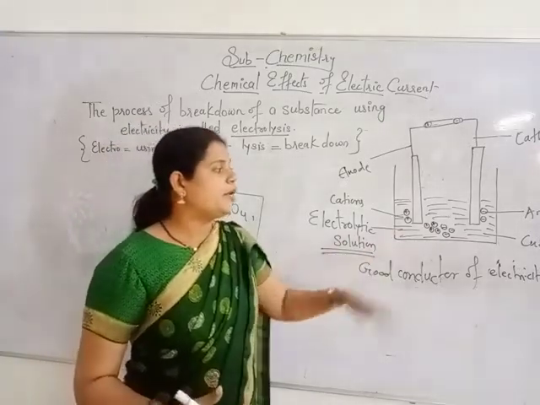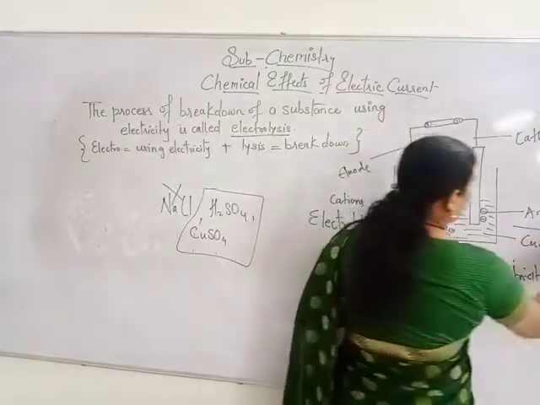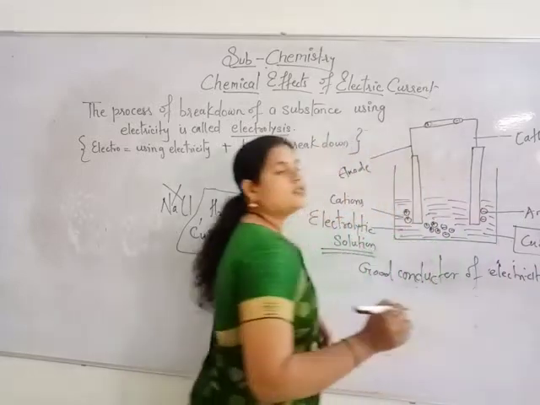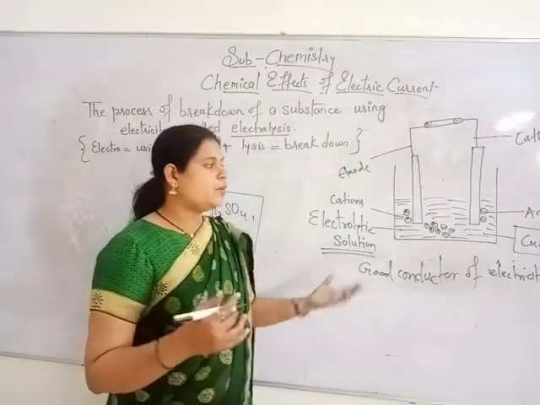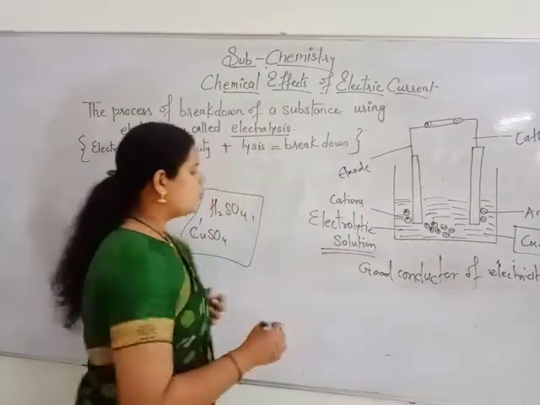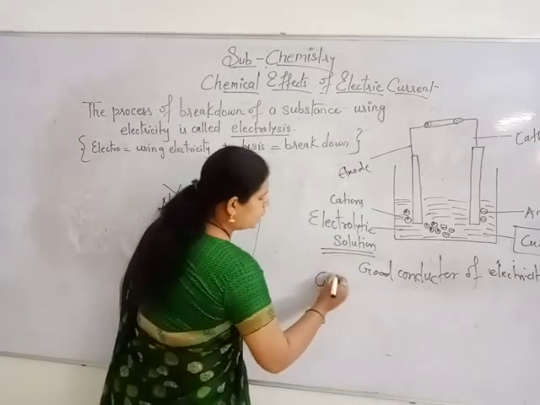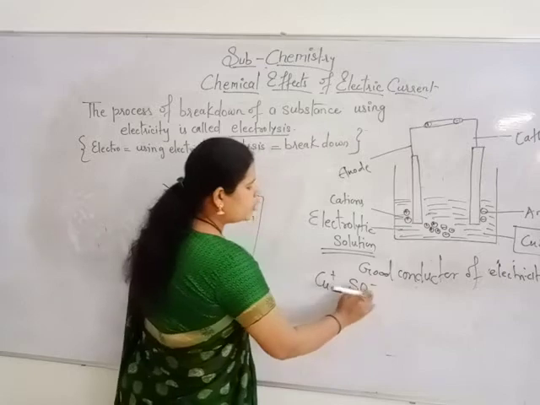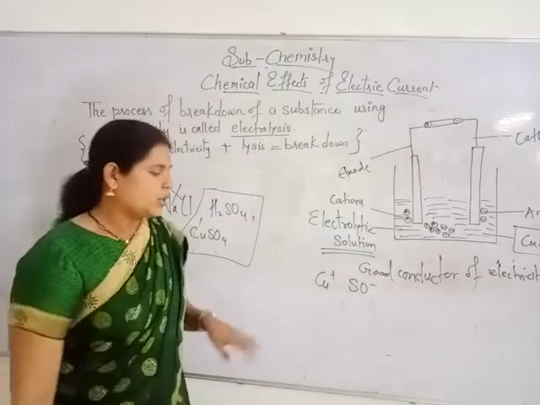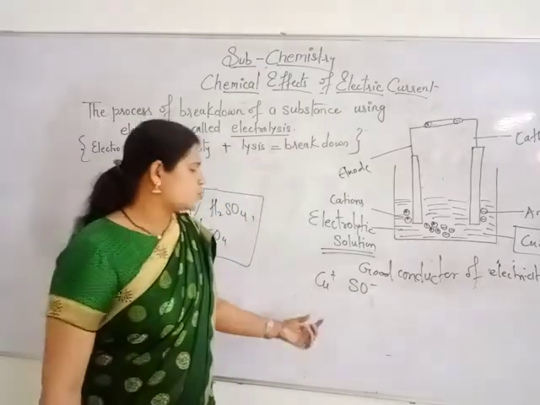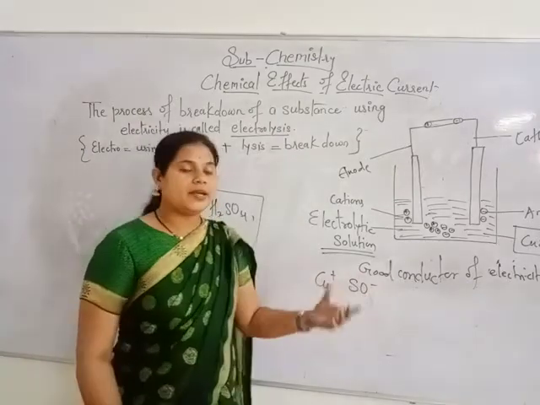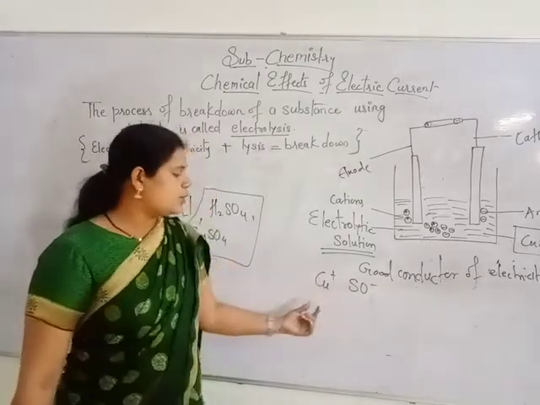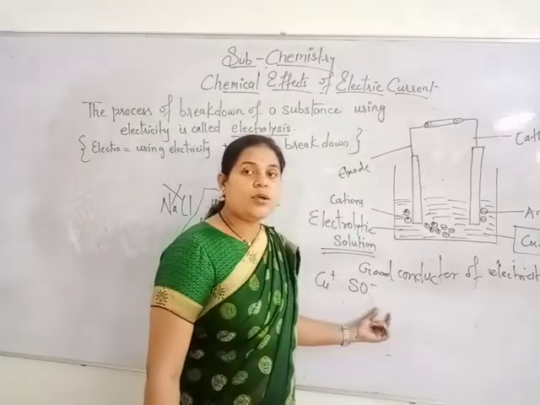There will be a breakdown of CuSO4 into its two ions, Cu plus and SO4 negative. You can write only SO4 negative also, if you don't want to get confused.